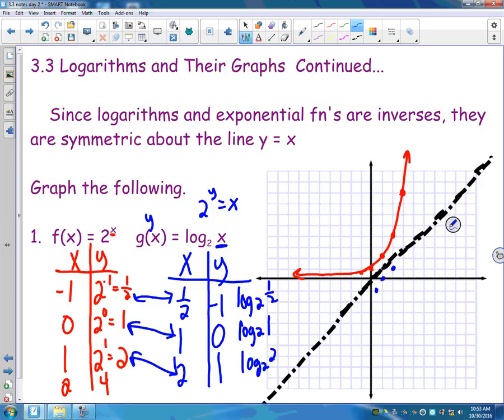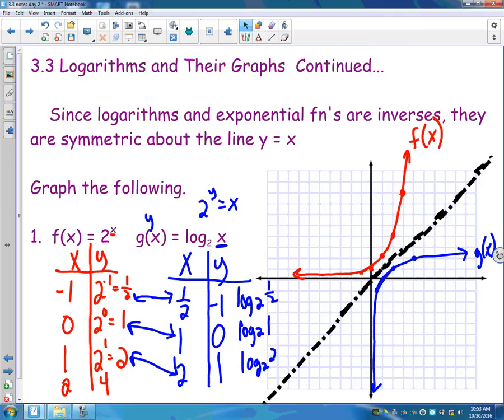We could even say at 4, we would be up here at 2. And this is going to go up really, really slowly like this. So this blue graph is my g of x, where the red graph is my f of x. And just like with exponential functions, we can translate and reflect and all that stuff too. But the g of x there is your go-to graph. Okay?